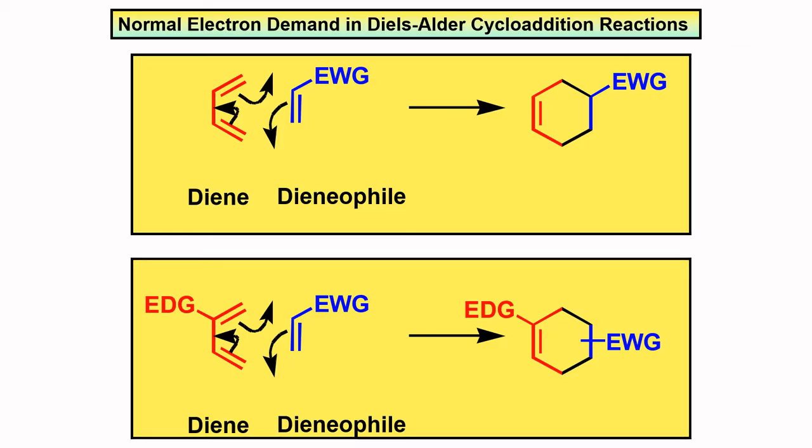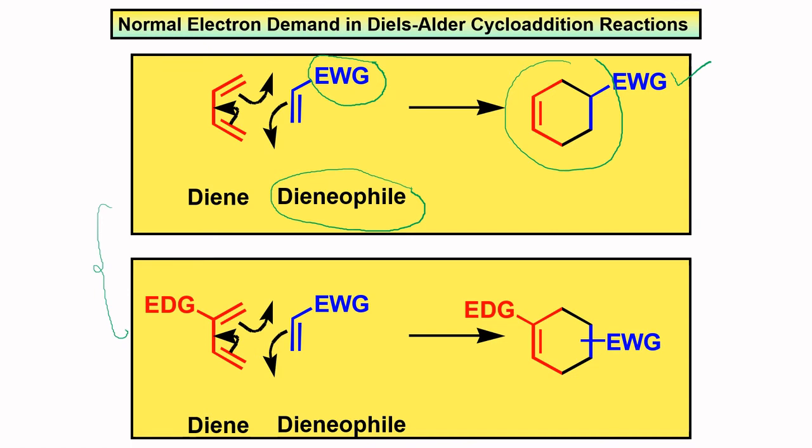In the Diels-Alder cycloaddition reaction, these conditions are suitable. Let's say we have a diene and a dienophile. For the dienophile, the best condition is when we have an electron withdrawing group attached to it. When both of these compounds react, it will give us a product with an electron withdrawing group.